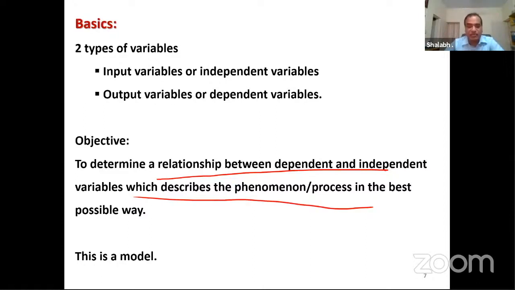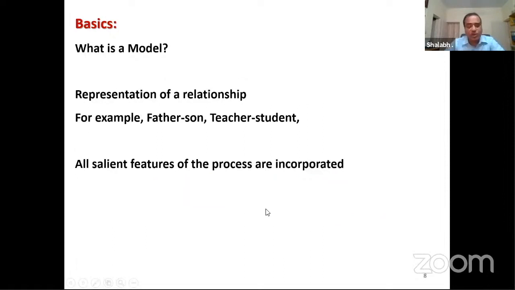And this will be called your model, right? Now the question comes: what is a model? Model can be anything. You know those Bollywood models, they are very popular.